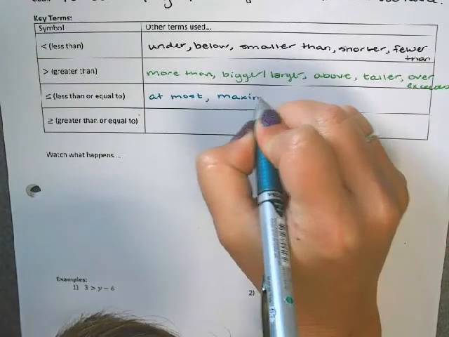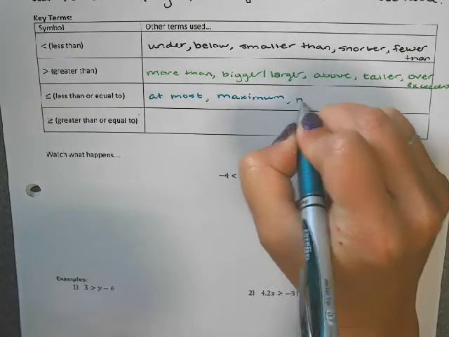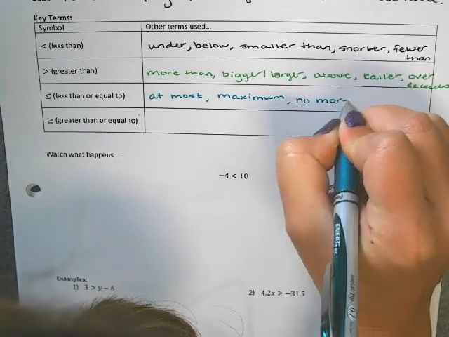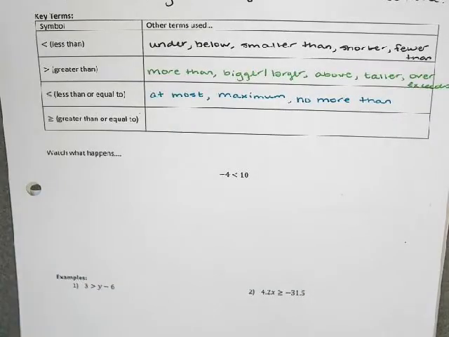It would have a maximum if it has to be below or equal to a specific number, right? Anything else? No more than. Very good. I feel like those are the harder ones to think about. No more than. That's a good one too.